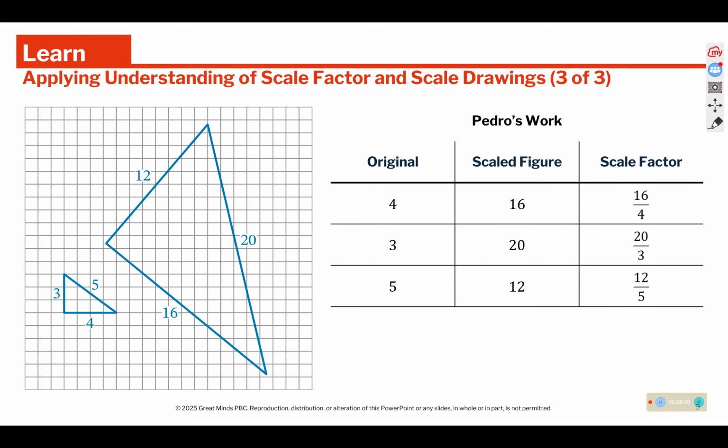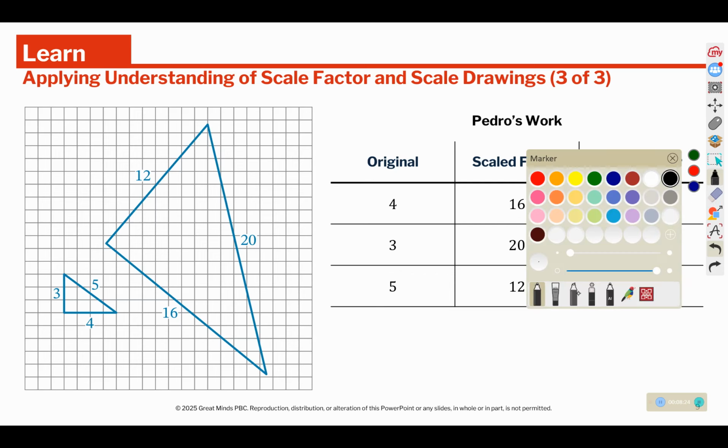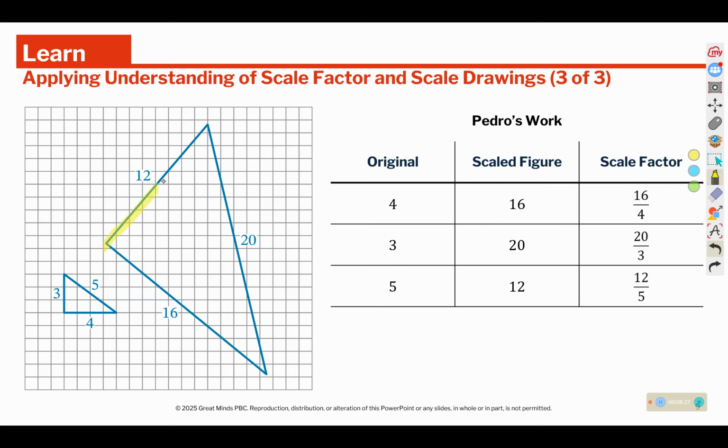Let's look at this one. Pedro paired this side length of 12 with this side length of 5, the side length of 4 with the side length of 16, and the side length of 3 with the side length of 20.